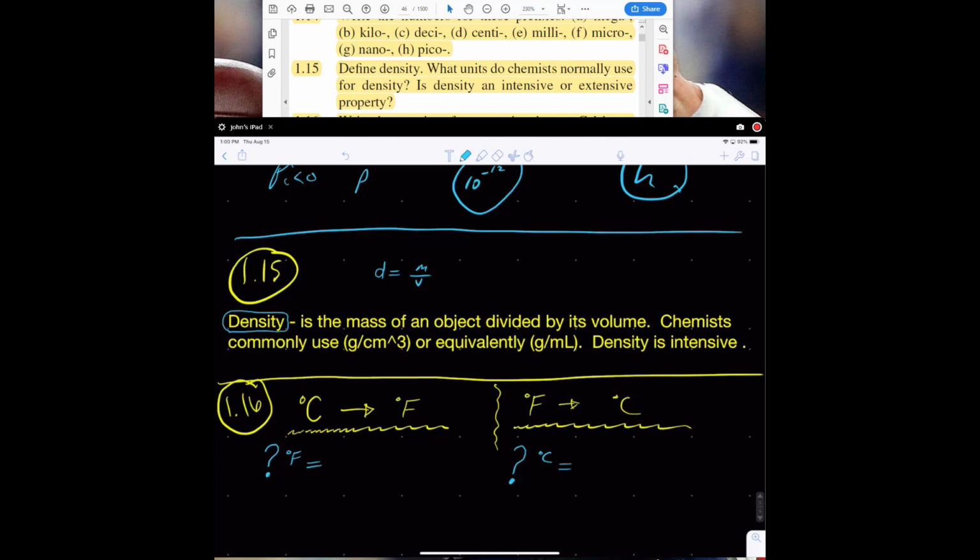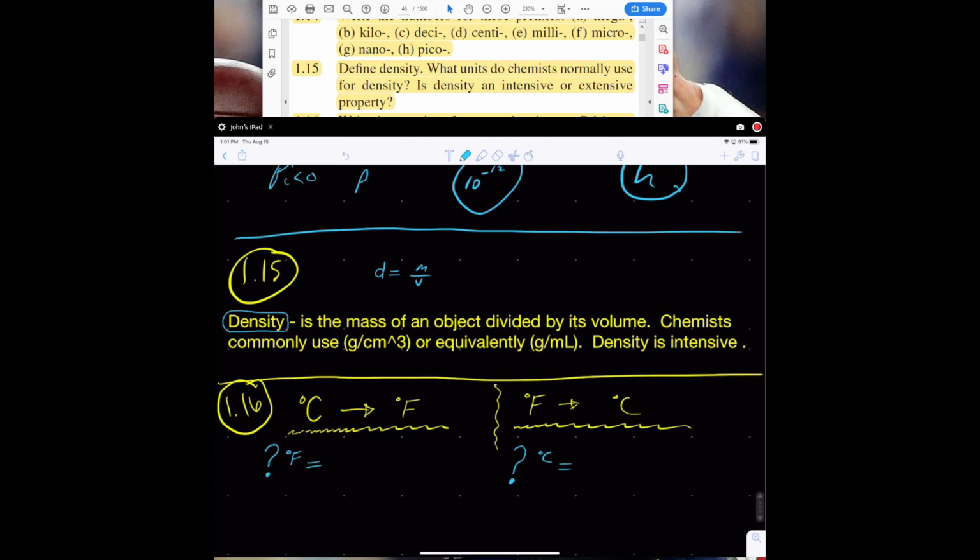So since density is an intensive property, it doesn't depend on the quantity of mass present. The reason is that volume increases as mass does, so the ratio of the two quantities always remains the same for a given material. Okay?